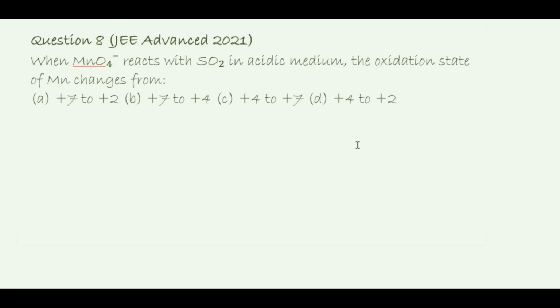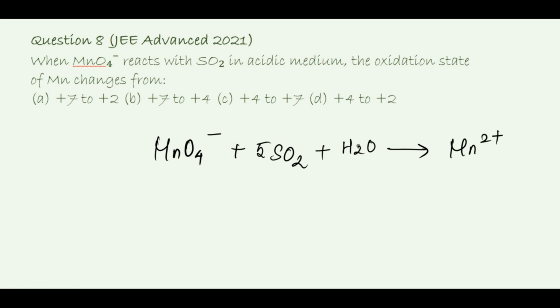Then this question, MnO4 minus reacts with SO2 in acidic medium. The oxidation state of Mn changes from. So what happens here? MnO4 minus plus 5SO2 plus 2H2O gives Mn2+ plus 5SO4 2 minus plus 4H+.